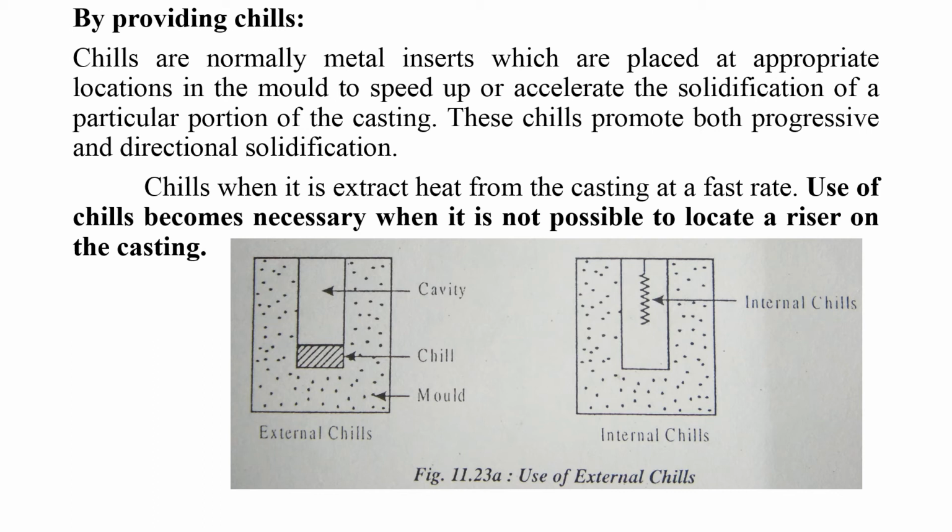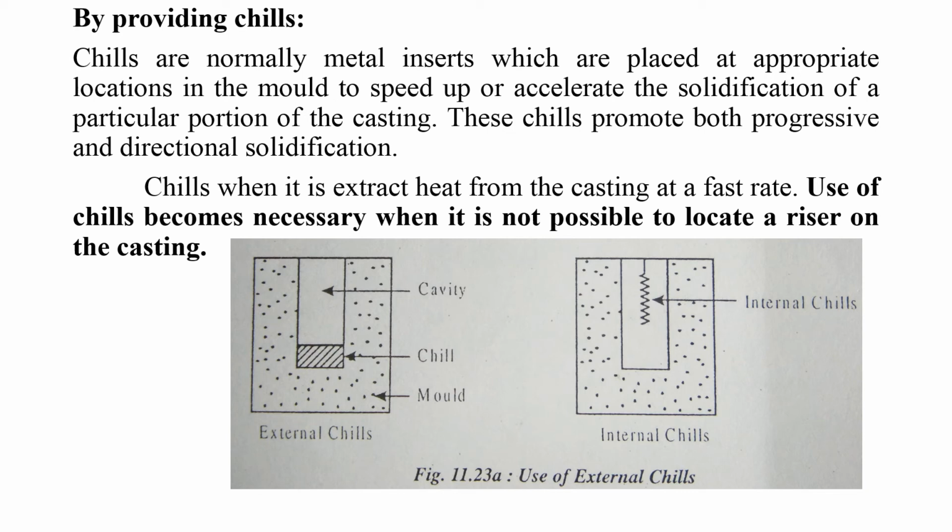Clear this point. The main concept of providing the chills is to speed up or accelerate the solidification of a particular portion of the casting. That's why chills are used.